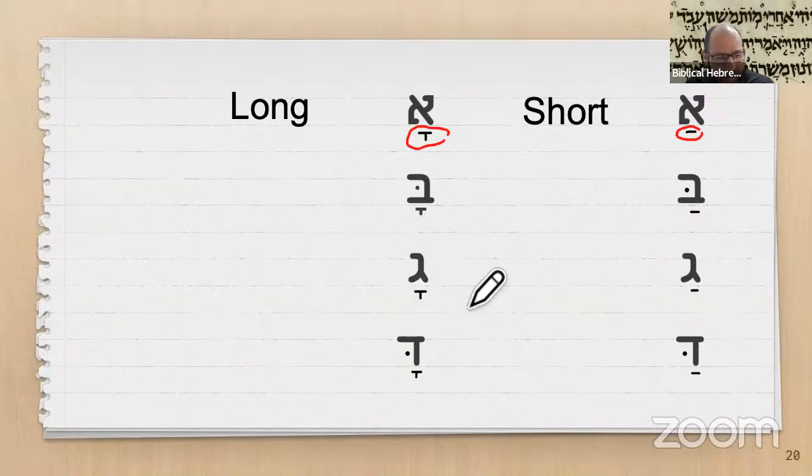Gimel, ga or ga. Dalet, da or da. So a bunch of lines and dots help us to read words. And again, with experience, you will read it without the vowels, without the nikud.